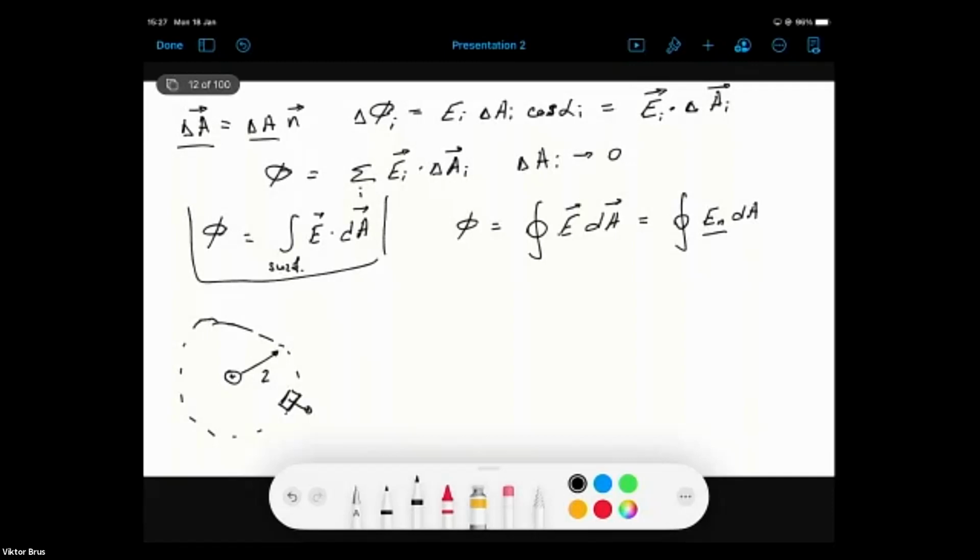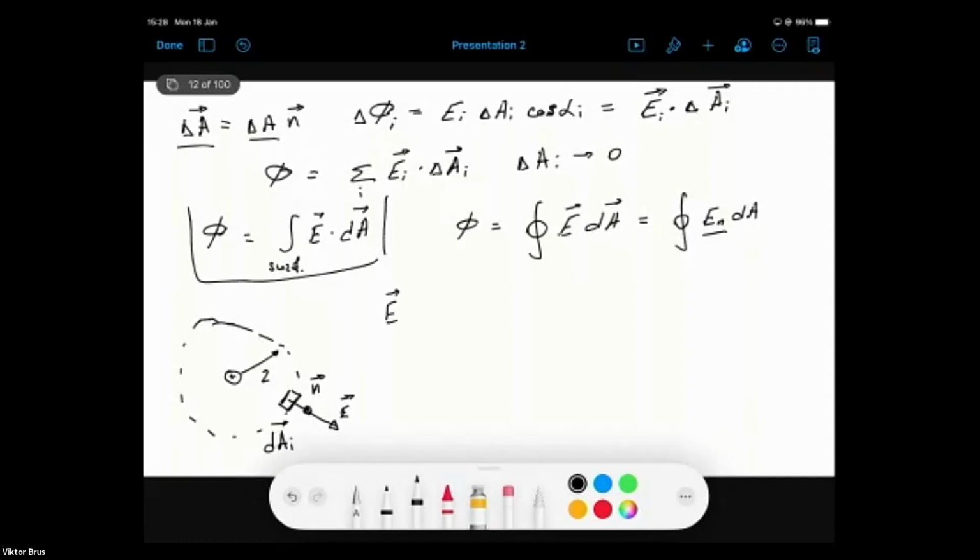So here is the normal vector to this surface element. And here is the electric field vector. In this case, they are aligned parallel, and we can write that the flux of electric field through this element dAi can be calculated as follows.